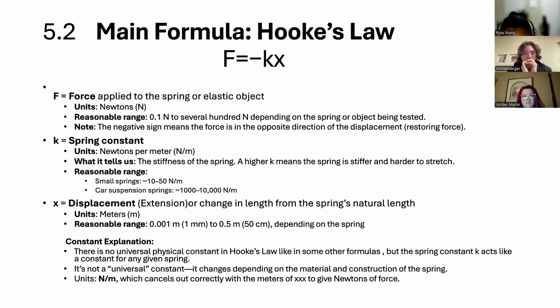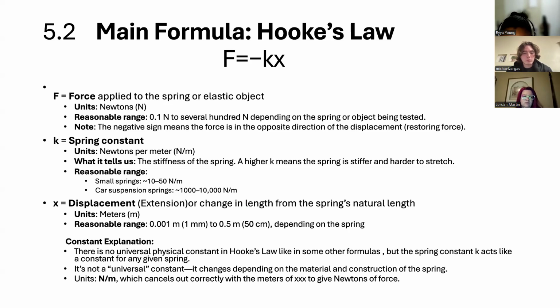The X in the formula is displacement or extension, the change in length from the spring's natural length. The units are meters, and the reasonable range would be from 0.001 meters to 0.5 meters, depending on the spring.